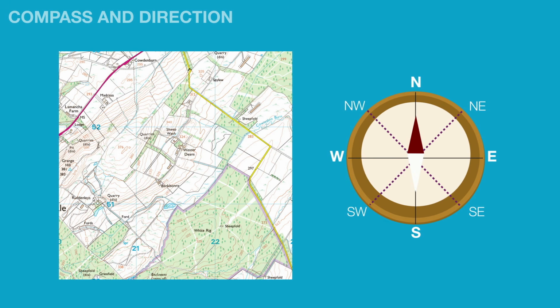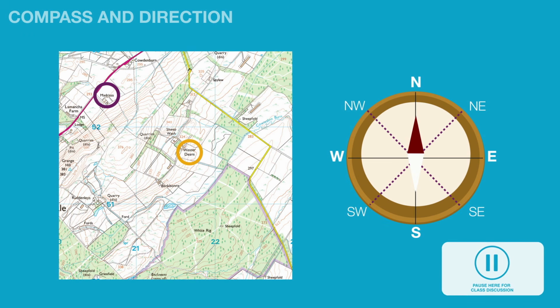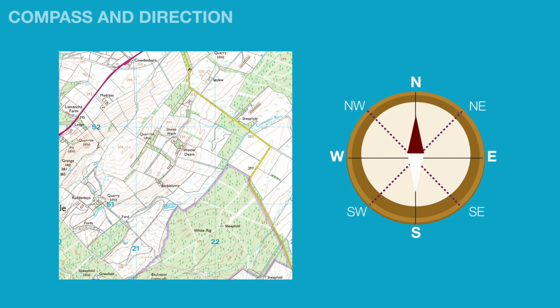Your second question is, which direction would you travel in to go from Madrissa to Western Deans? And finally, which direction would you travel in to go from Wester Deans to Ruddenlees?